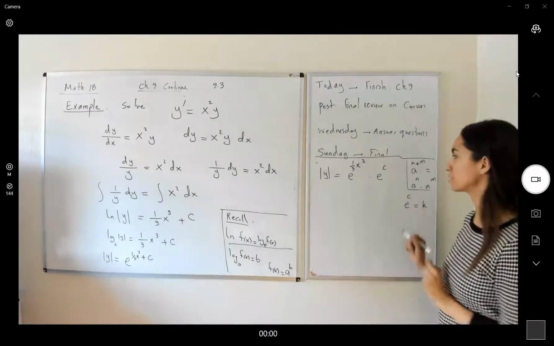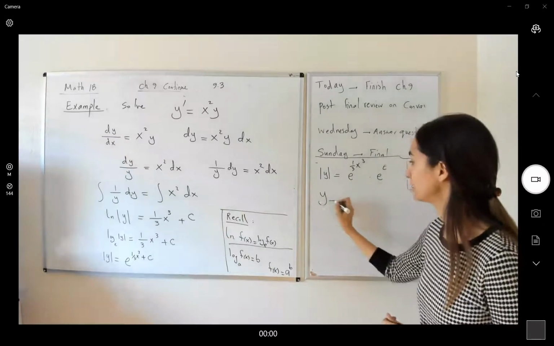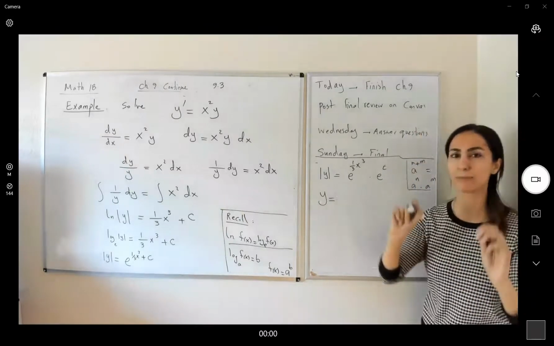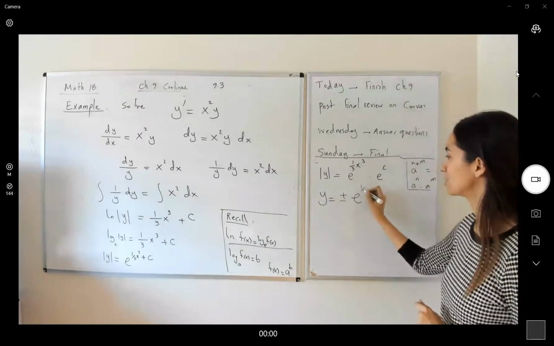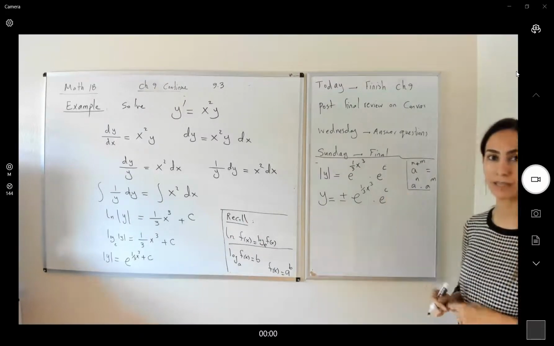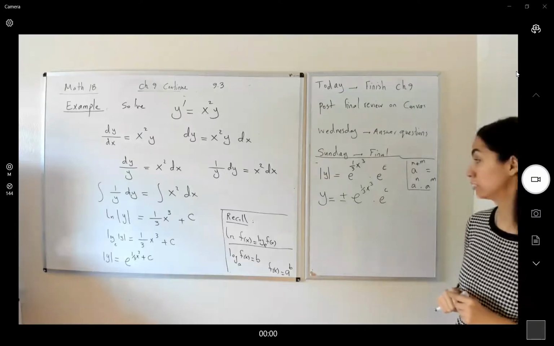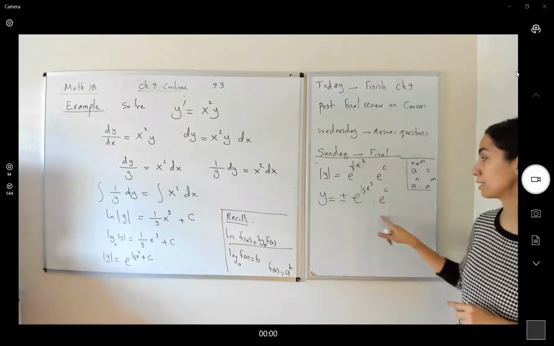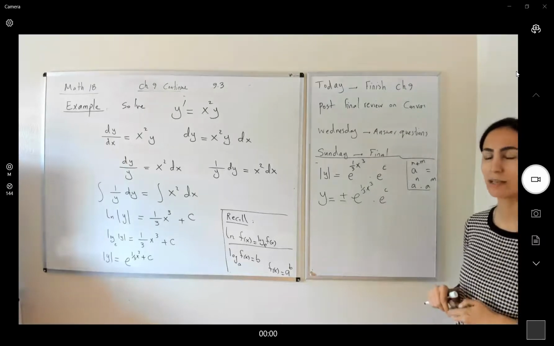Or you can just wait at this step and say, hey, y is equal to, getting rid of the absolute value, plus minus e raised to a third x cubed times e to the c. And say, I have plus minus e to the c. So why not take plus e to the c and minus e to the c and call it k?